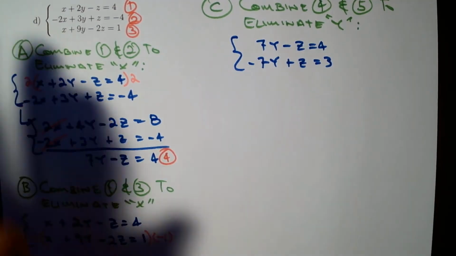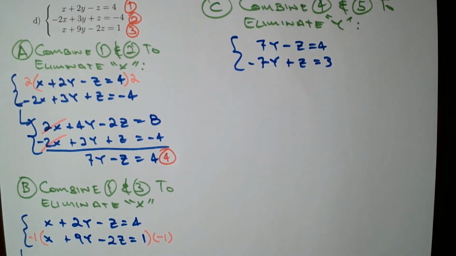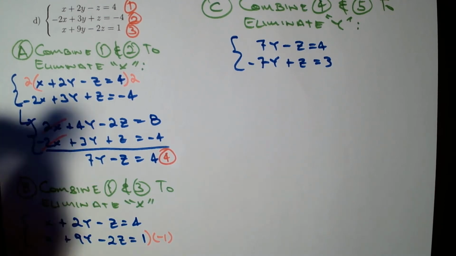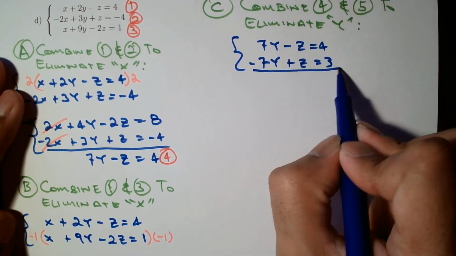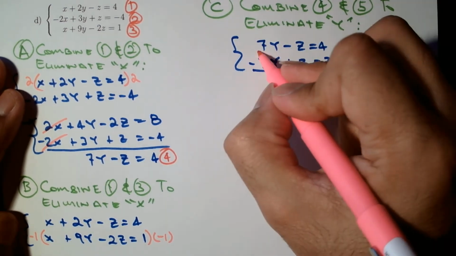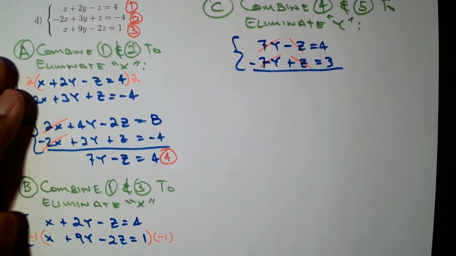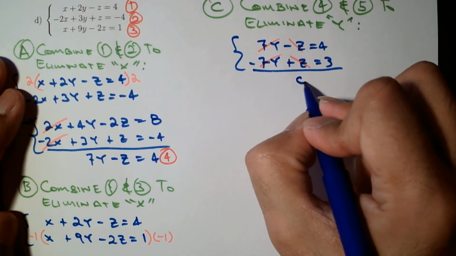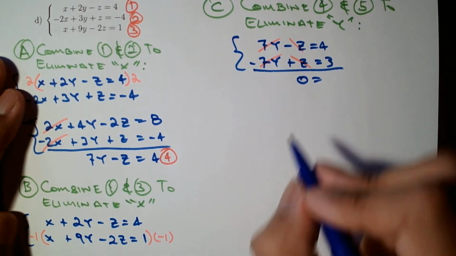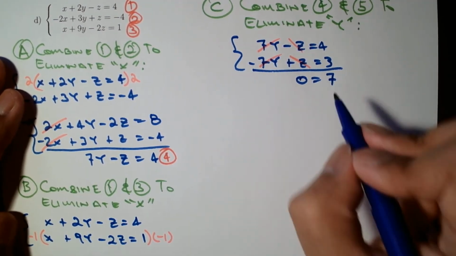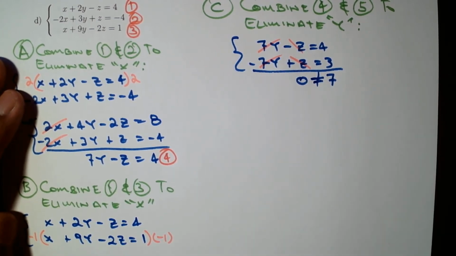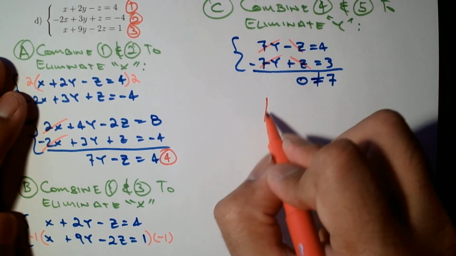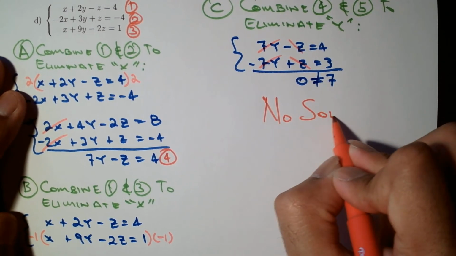In this case, these two equations are ready to just be combined together. Cancel the y's, cancel the z's, giving us a 0 on the left hand side, and 4 plus 3 equals 7. And yes, this is baloney. 0 is not equal to 7, so for this reason, no solution.